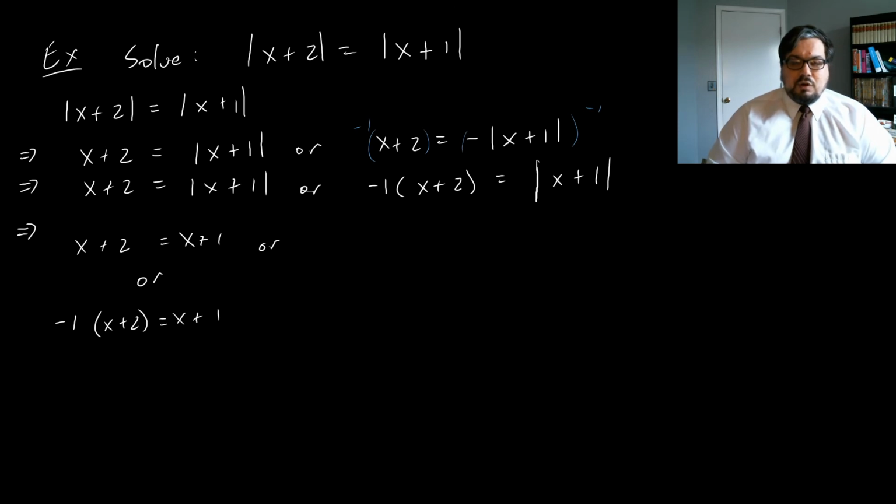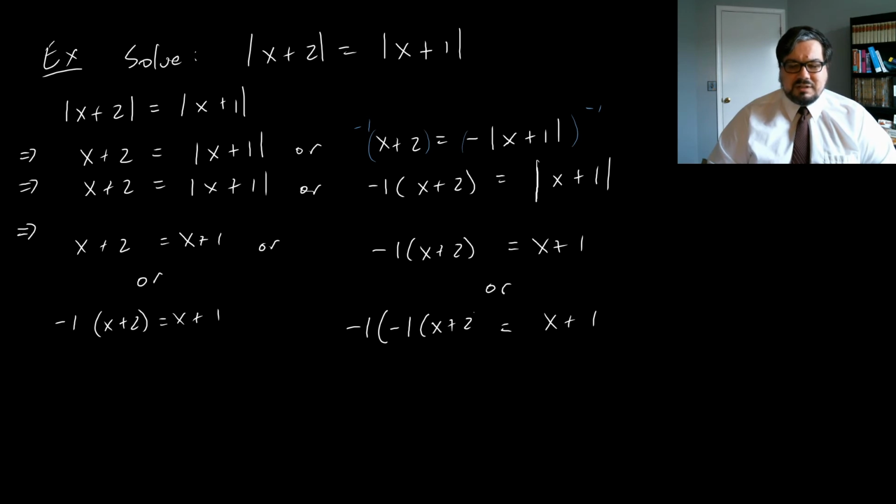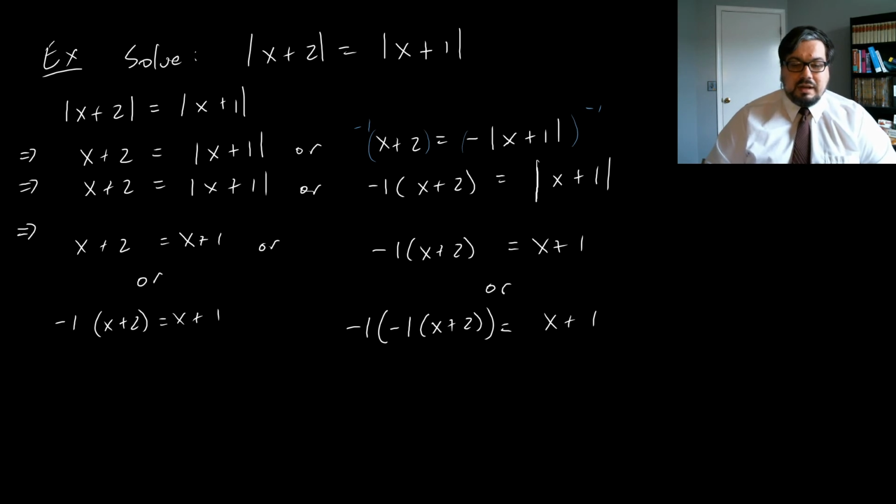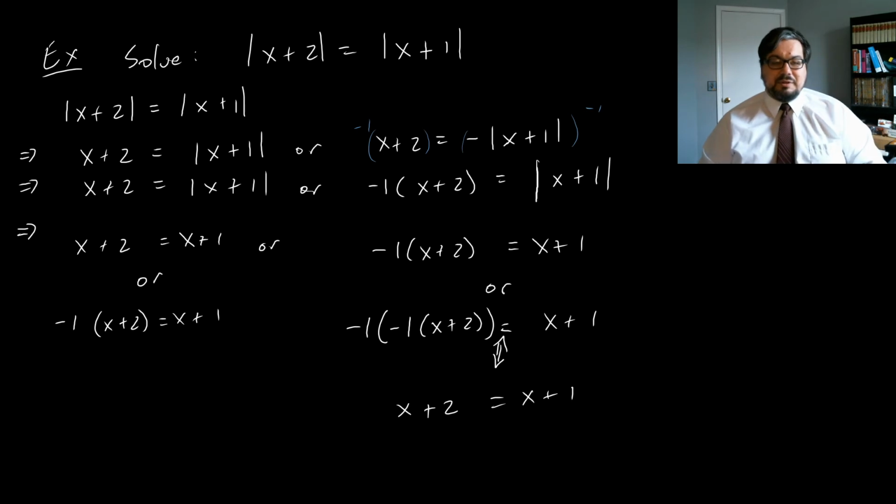And then similarly over here, if the absolute value of x plus 1 equals -1 times x plus 2, that means that x plus 1 equals -1 times x plus 2, or x plus 1 equals -1 times -1 times x plus 2. Just applying our rule twice. Now, we can, of course, simplify this last expression over here to get that x plus 1, in this case, would be equal to x plus 2.